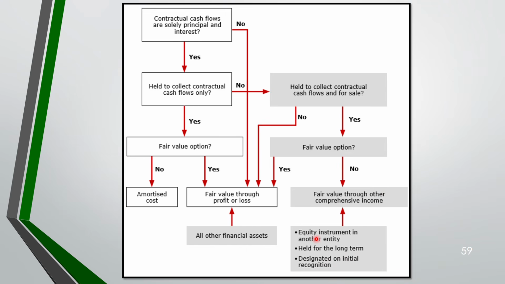This is for these three things: equity investment in another entity held for the long term and designated on initial recognition. Let's say you did not keep it till maturity, you are selling it. What does it say? But you are receiving interest and principal, right?